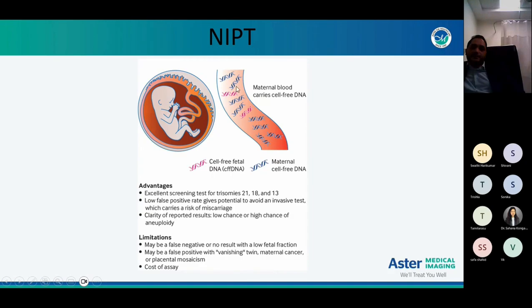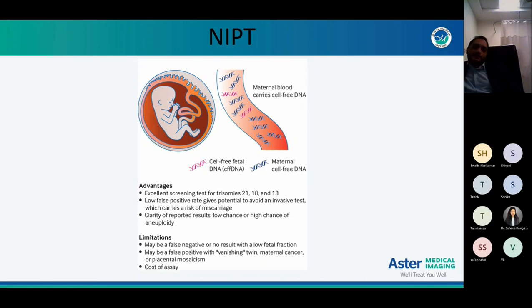That is, the blood of a pregnant lady, the mother, contains not only the DNA of the mother but also DNA of the baby. This DNA is not the DNA present inside the nucleus of a cell, but rather when the cell undergoes apoptosis, it releases small fragments of DNA.